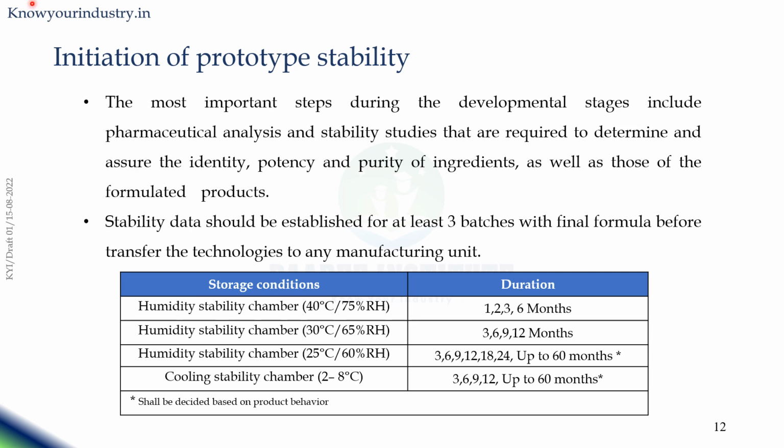Once you perform formulations or prototype development, you have to study the robustness of the formulations. How does it have to be done? It has to be kept under certain accelerated and storage conditions.